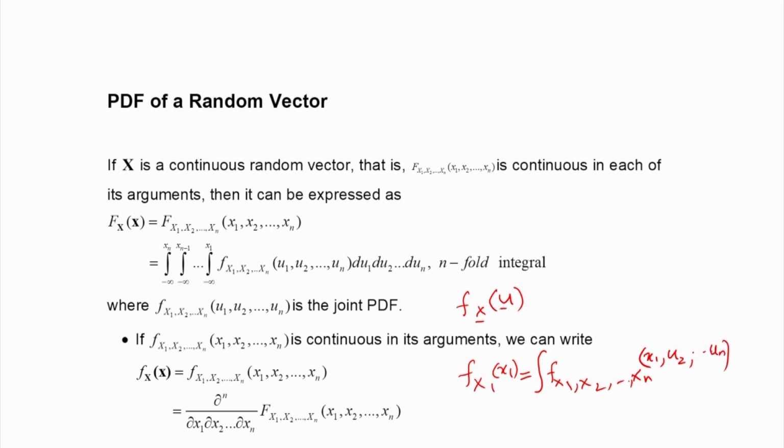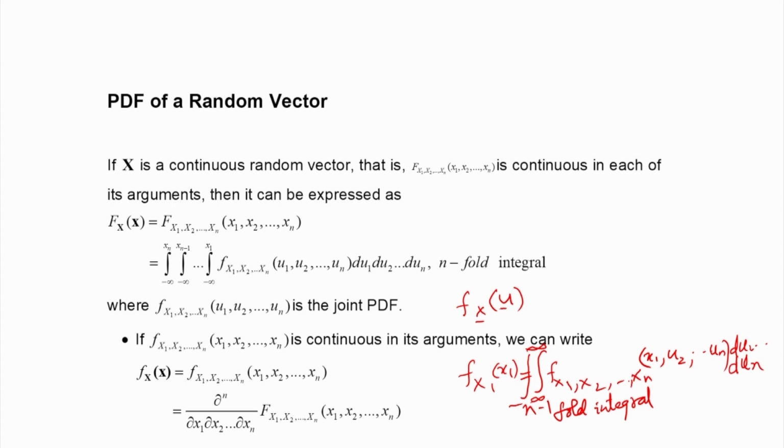We will integrate with respect to du2 up to dun. So, if we perform the n minus 1 fold integral, we will get the marginal PDF of X1 at point x1. This is from minus infinity up to infinity.